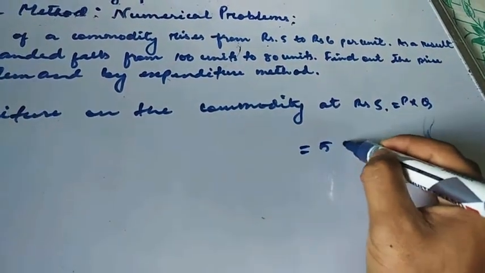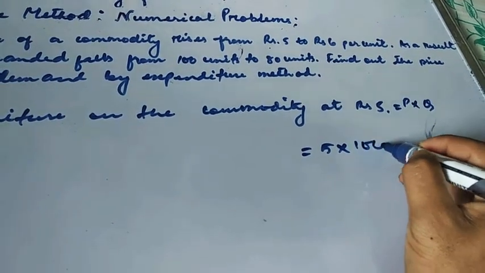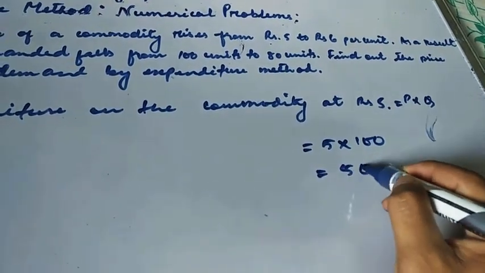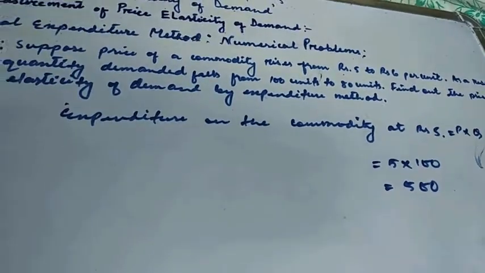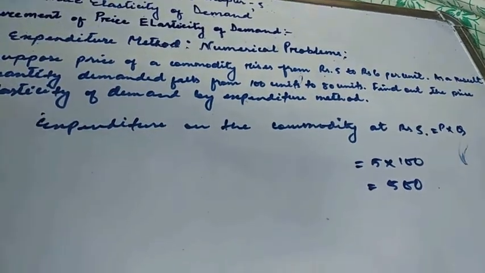Price is rupees 5, quantity is 100. So at price rupees 5, expenditure is rupees 500.